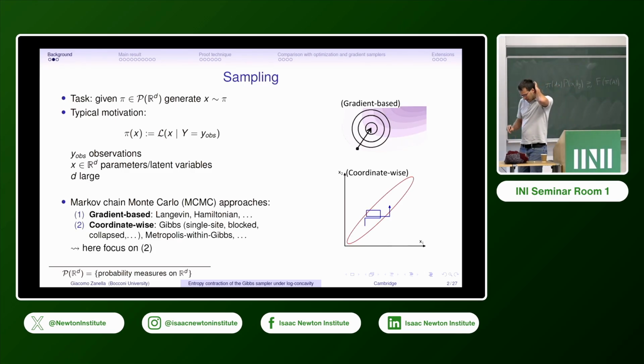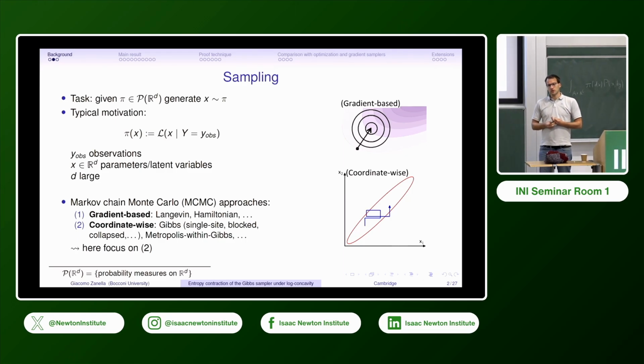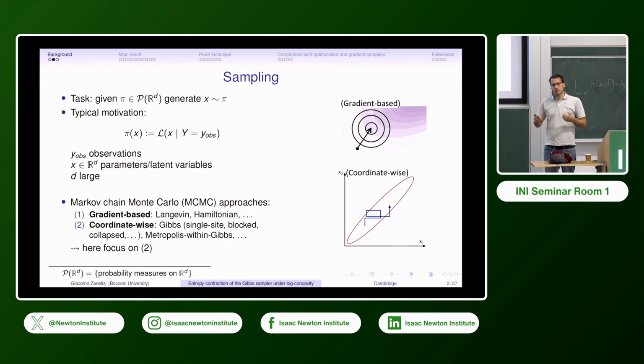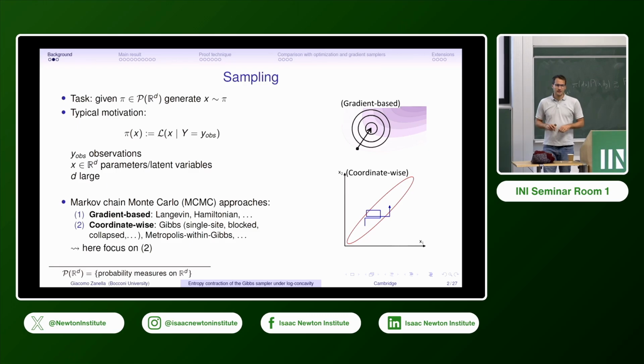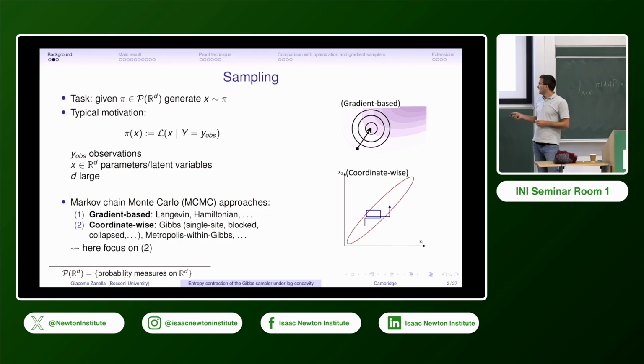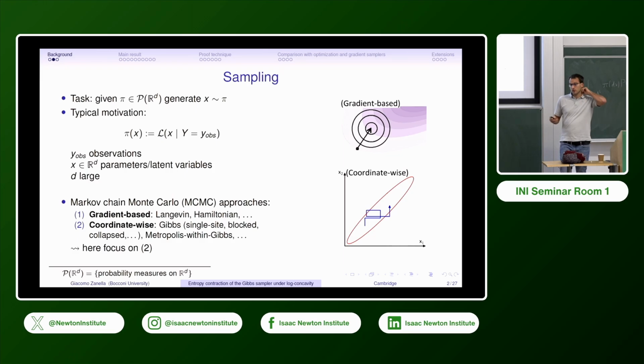I want to classify Markov chain Monte Carlo methods, which, it's well known, are the main computational approach to perform sampling from general distributions. I want to divide them into two classes. Obviously, there would be other classifications. The first is gradient-based methods, which are typically derived as discretizations of stationary stochastic differential equations or gradient flows, like Langevin or Hamiltonian Monte Carlo-based methods.